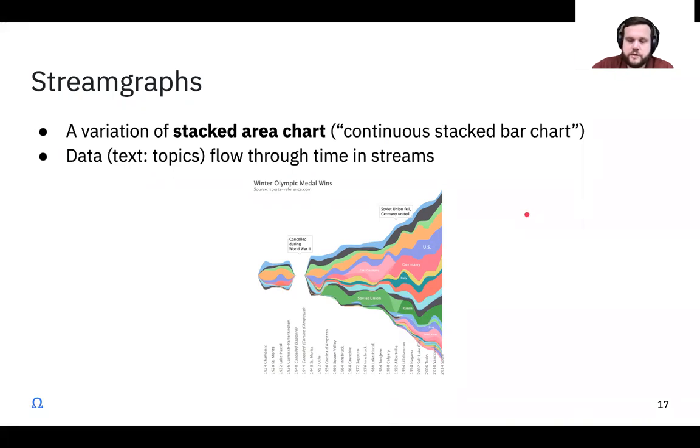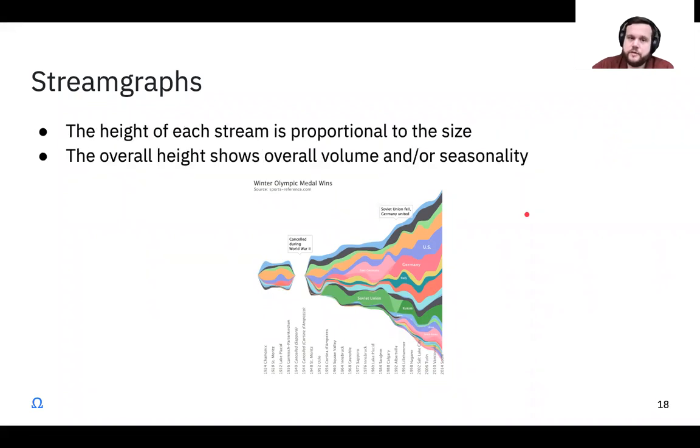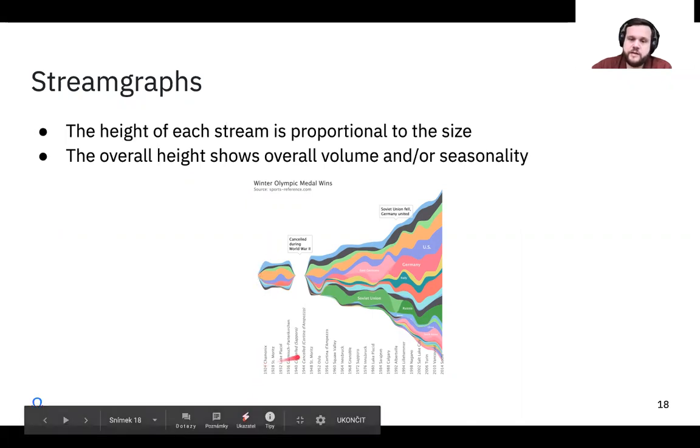The height of each of those streams is proportional to the size, so the thicker the stream, the more medals each of these countries has won, and the overall height shows overall volume and or seasonality. So we see that there were way fewer medals awarded in 1924 in Chamonix than there were in 2014 in Sochi.